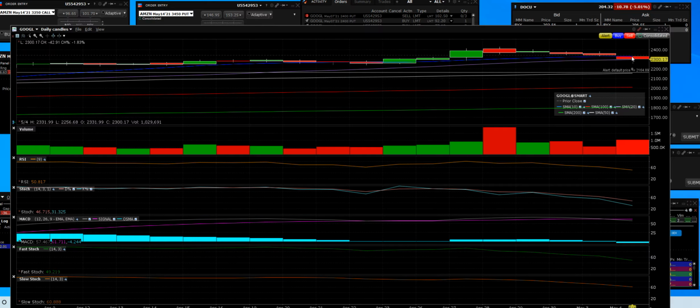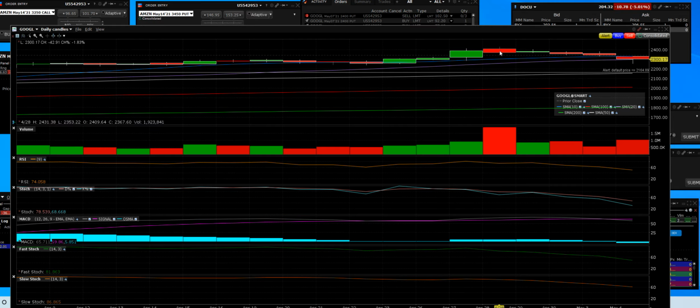Not only that, Google has had a major pullback post earnings, and the earnings high on Google, which was a week ago Tuesday, as I recall, 2431.38 was a high, and the low was 2353.22.